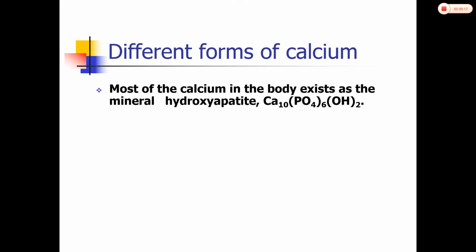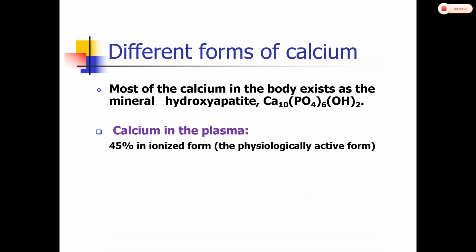So what are the different forms of calcium? Most of the calcium in the body exists in the hydroxyapatite form. The calcium present in the plasma is about 45% in the ionized form, which is the physiologically active form.